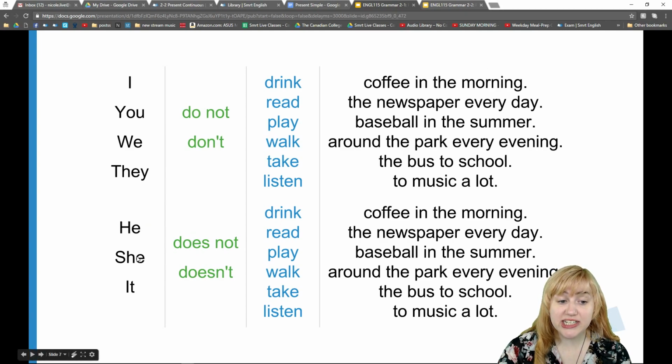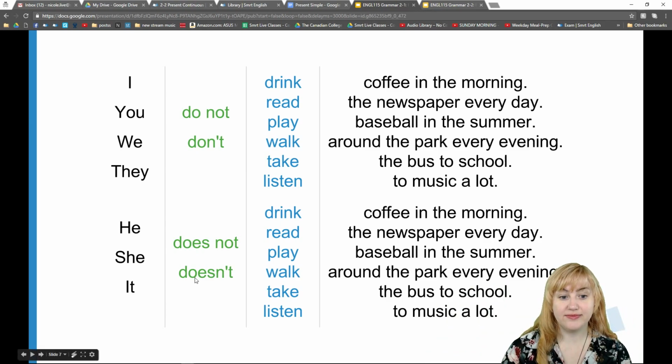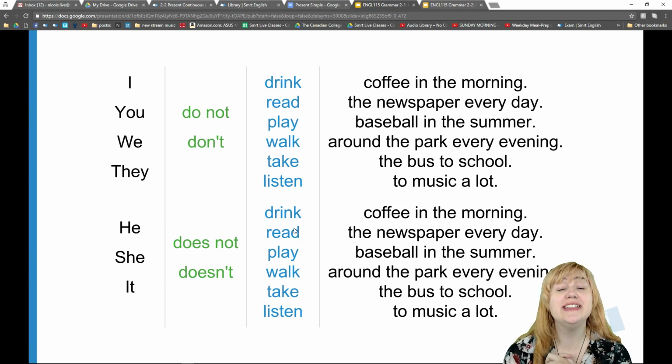But for he, she, or it, we're going to use does not or doesn't. Doesn't is just does not together. So we have does not drink or doesn't drink. But you see here, drink, no S. We're going to use the infinitive verb, the number 1 verb.